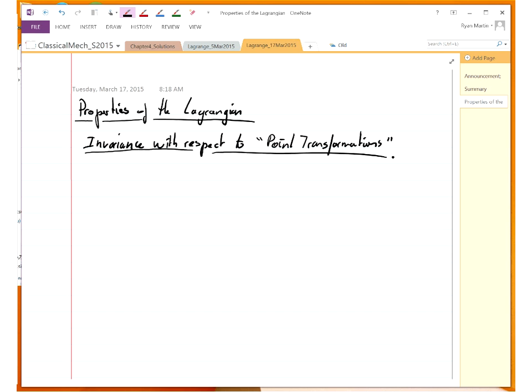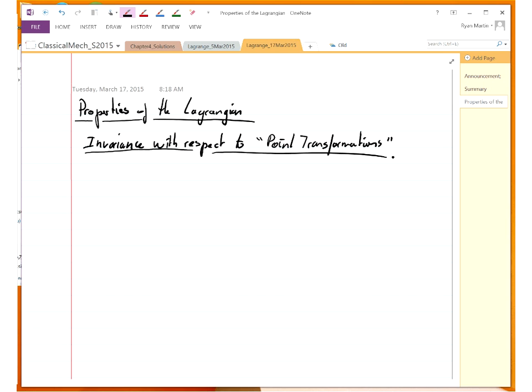So remember, we've been working with this set of generalized coordinates to describe the evolution of a system. And in general, it was a little bit arbitrary what are the best generalized coordinates to use. So one can go from one set of coordinates to another.